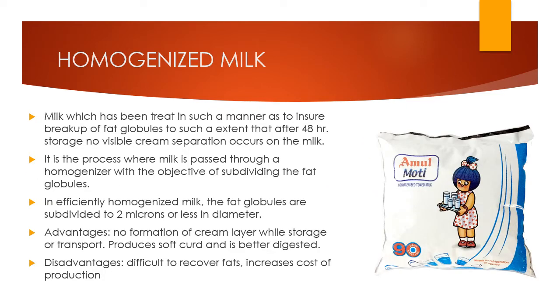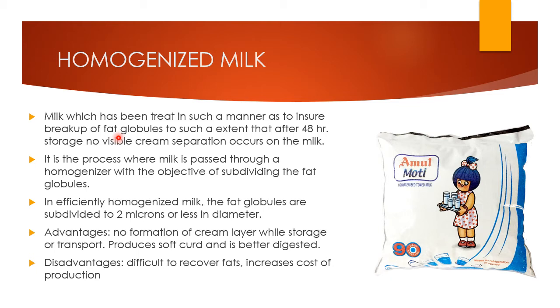Then next is homogenized milk. It is milk which has been treated in such a manner as to ensure the breakup of fat globules to such an extent that after 48 hours of storage, no visible cream separation occurs on the milk. The main point here is the breakup of fat globules.